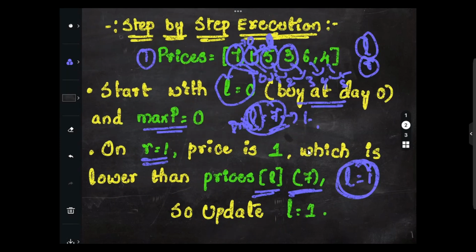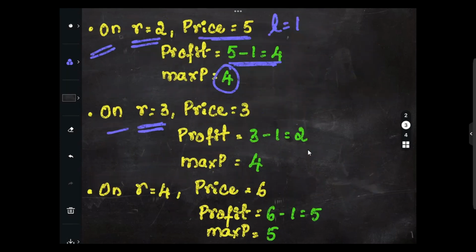L is still 1 here. So price minus L, 3 minus 1, is 2 here. Maximum profit remains 4 itself. Why? Because the 2 we got is smaller than the previous maximum profit, so the maximum profit remains the same, 4.